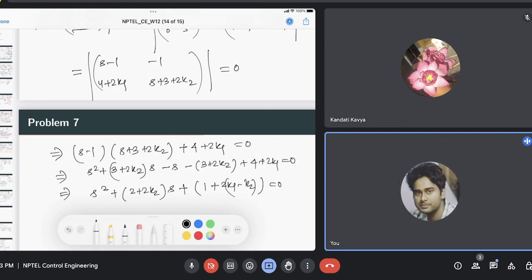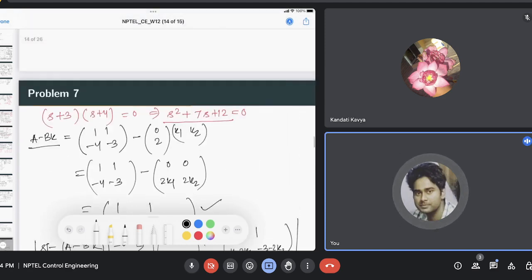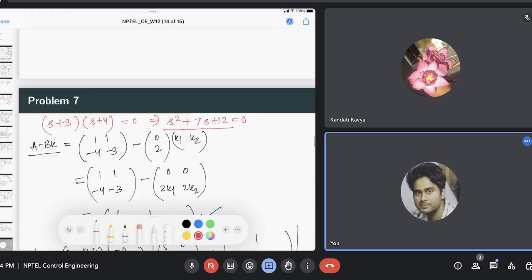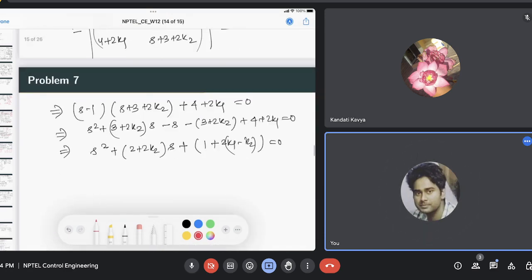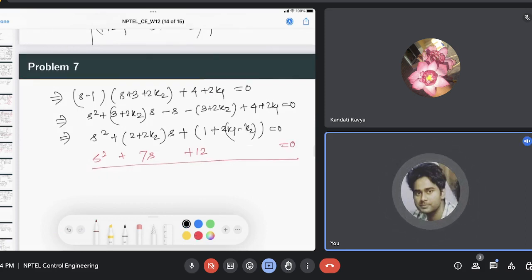We want exactly this equal to the desired one, s square plus 7s plus 12 equal to 0. Then we just compare the coefficients. So we get 2 plus 2k2 equal to 7, which means k2 equal to 5 by 2, and 1 plus 2k1 minus 2k2 equal to 12.